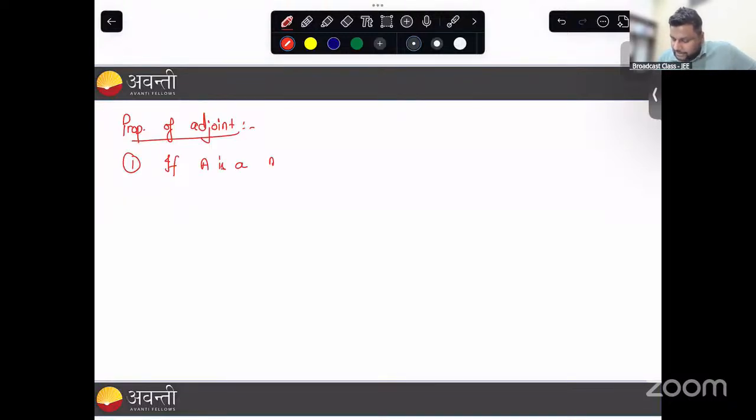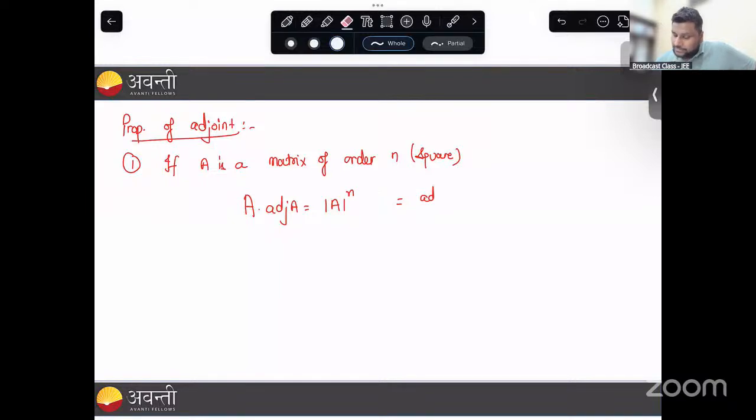If A is a square matrix of order n, then A into adjoint of A is determinant of A into I, sorry, A into adjoint A is determinant of A into In, and that is also adjoint A into A. This was the first property that I told you. Yes or no?